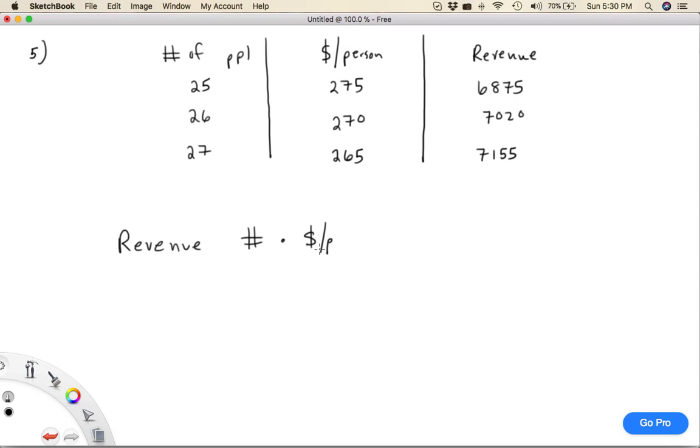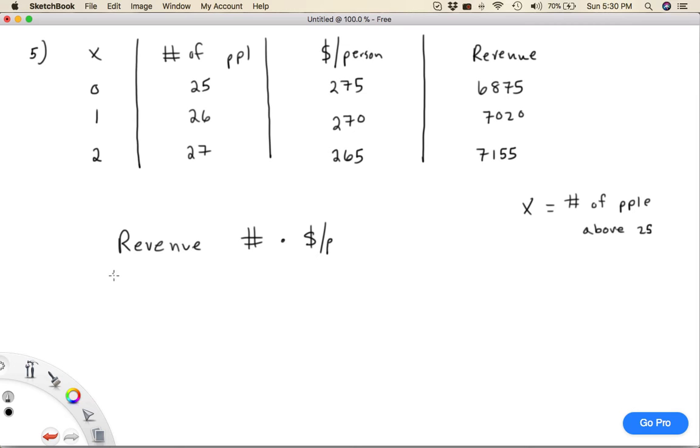And we're defining X as the number of people above 25 people. So that means if there's exactly 25 people, the value of X is going to be 0. Our X values that correspond to this would be 0, 1, and 2.